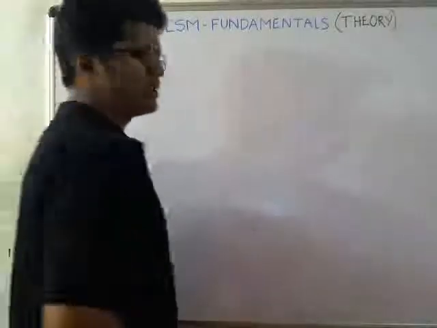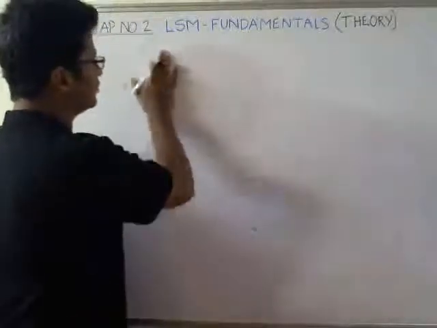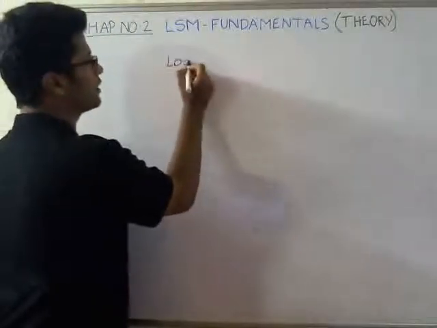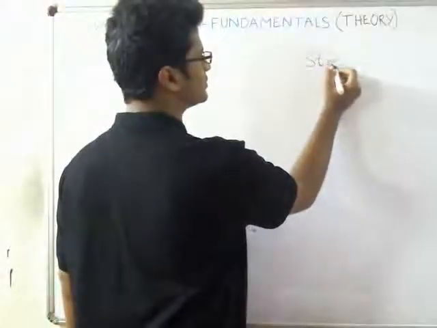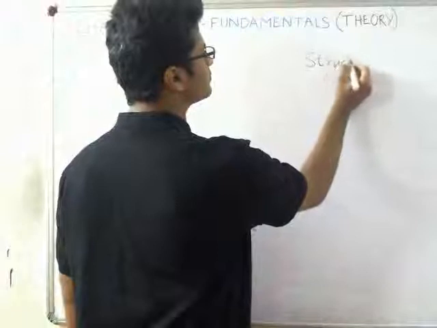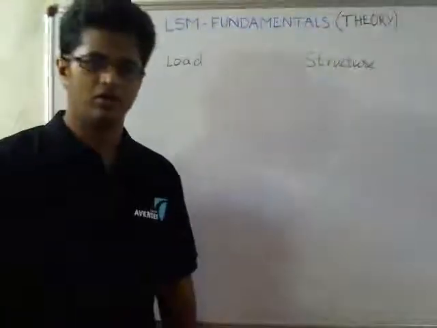Now the first topic in our theoretical discussion is that we are going to consider load, and then we are going to consider strength of the structure. So let's start with load first.